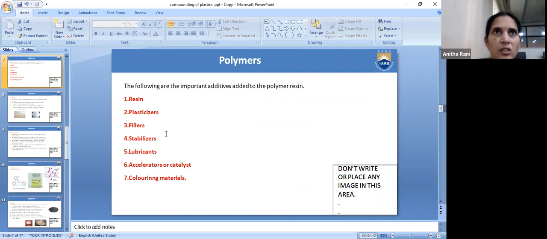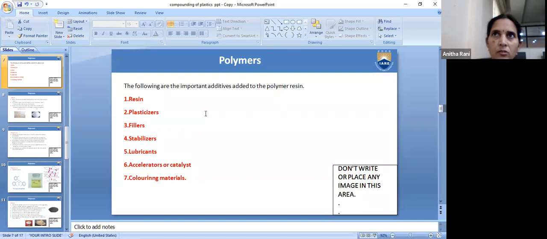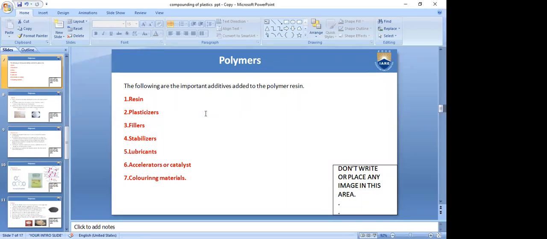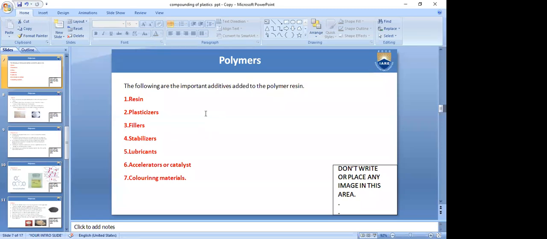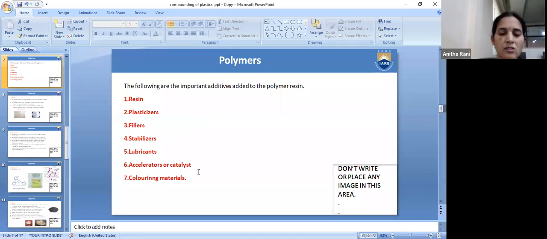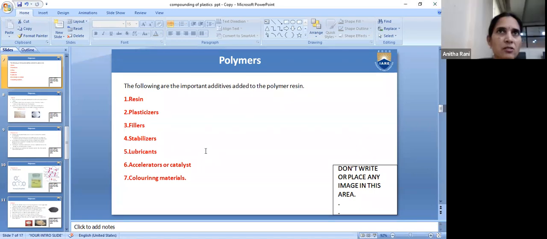Resin, plasticizers, fillers, stabilizers, lubricants, catalyst or accelerators, coloring materials. Okay, so everybody understood this topic, compounding of plastics?